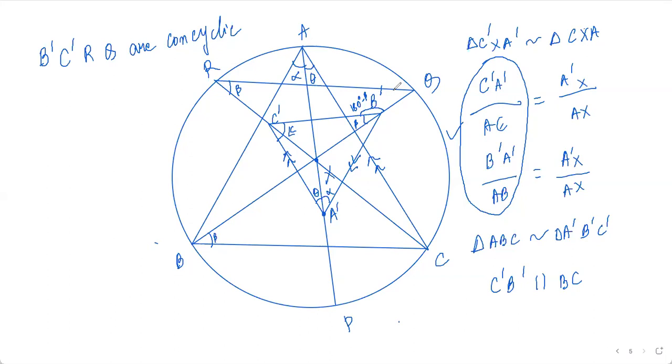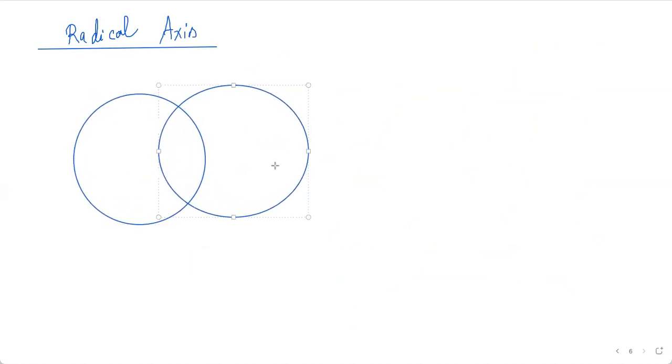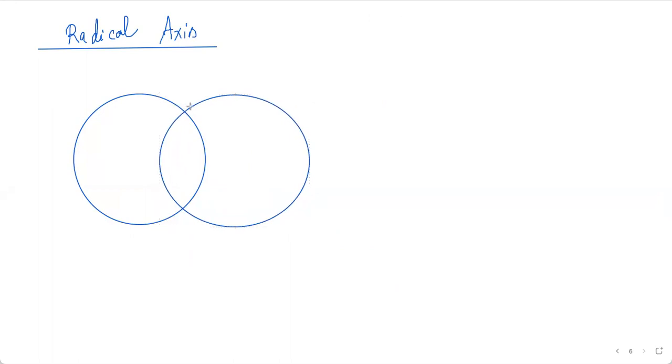Let's move on to the next topic, that is the radical axis. What is actually a radical axis? Basically, when two circles intersect at A and B, if you join AB, that's the radical axis.